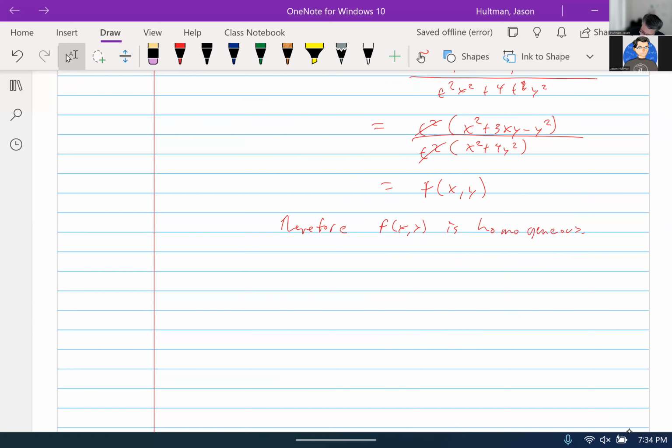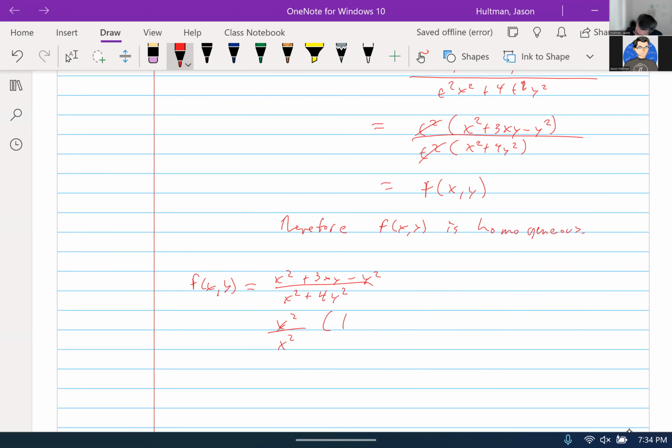If we look at the original equation, f of x, y, and we factor out an x squared, let's look at that real quick. The original equation was x squared plus 3xy minus y squared over x squared plus 4y squared. I'm going to factor out an x squared on the top and an x squared on the bottom.